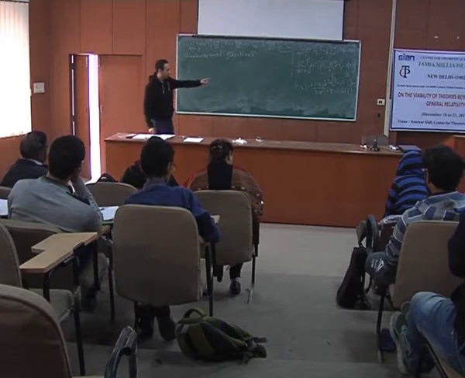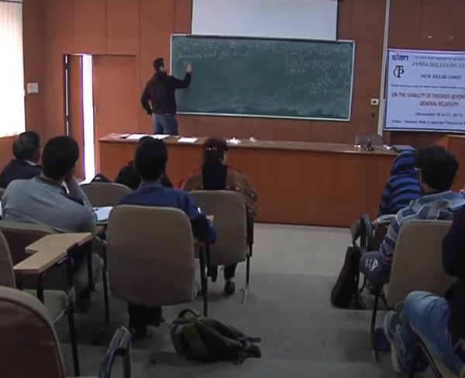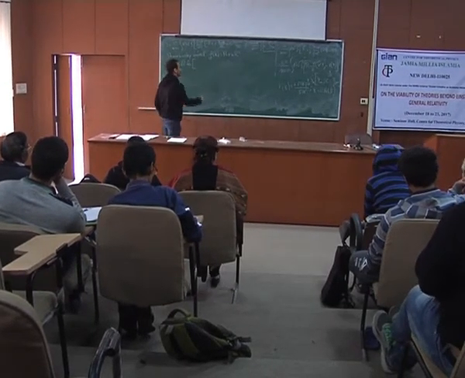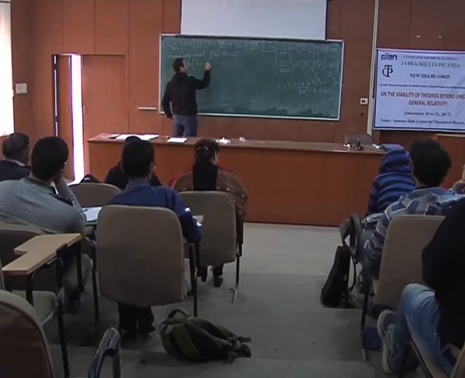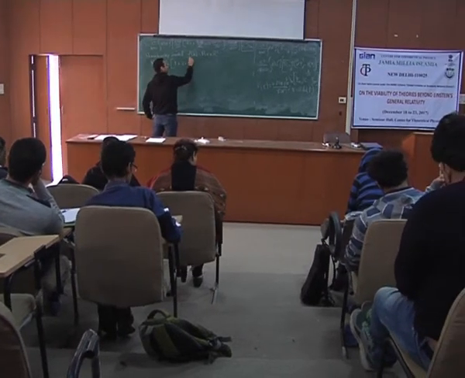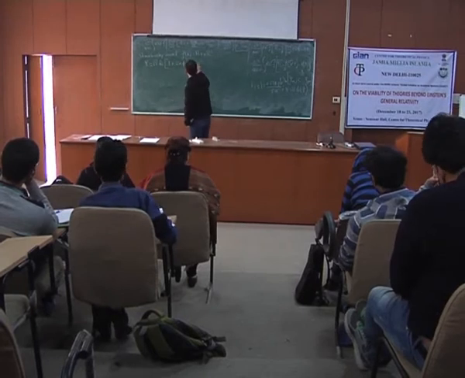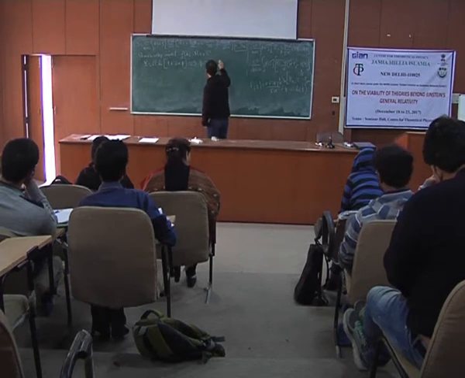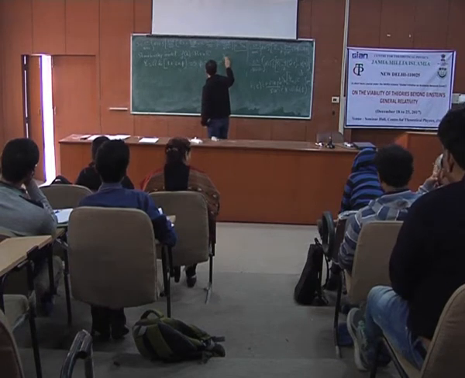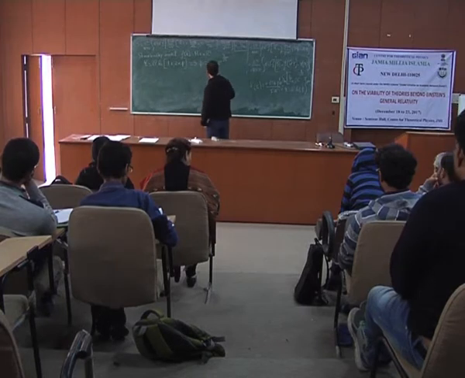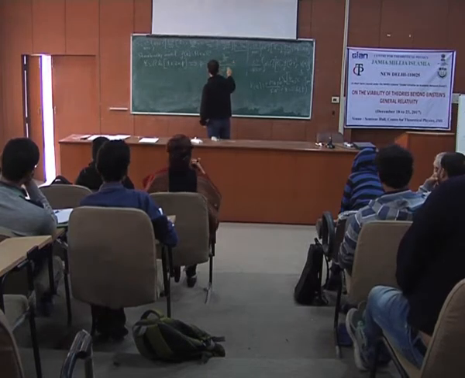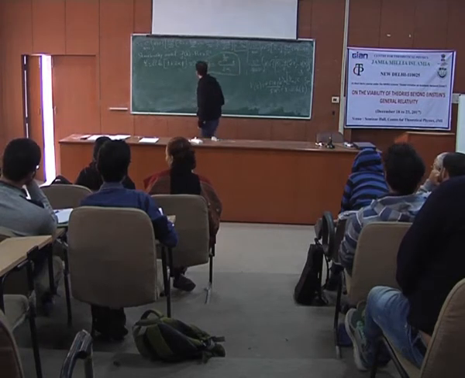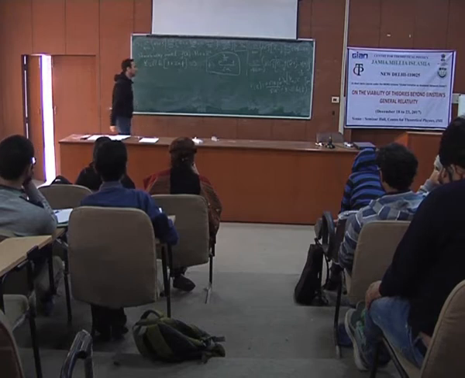For the Starobinsky model, f of R is equal to R plus alpha R squared. So I want to calculate that. So psi is equal to square root of 3 log of f prime of phi, so 1 plus 2 alpha phi, which means that phi is equal to exponential of psi divided by square root of 3, minus 1, everything divided by 2 alpha. For this specific model, this is what I have.